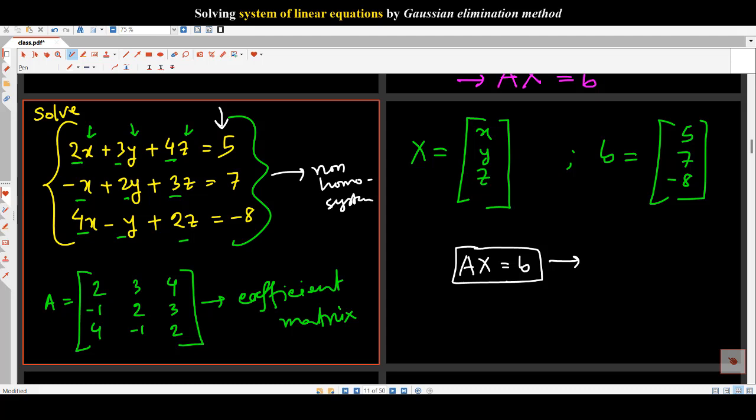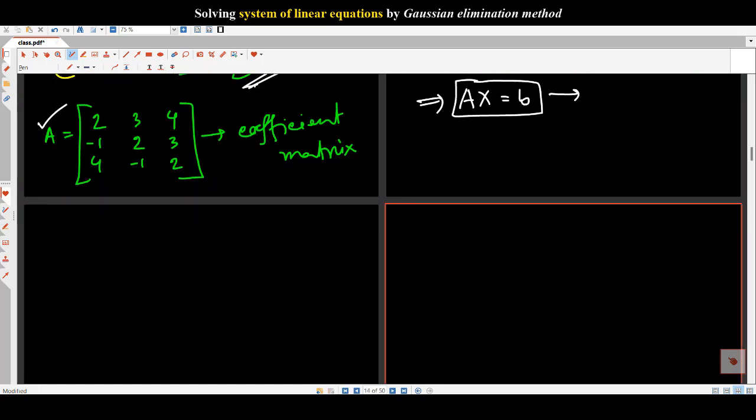So if we try to think about this AX equals B, where A is this matrix, X is this matrix, B is this matrix, then you will actually get the short form of the system. So this is the prerequisite, what we have to know first.